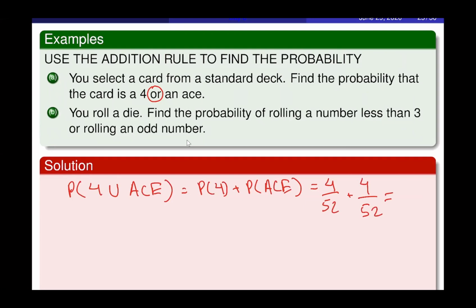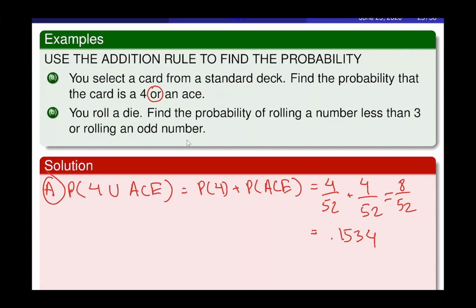So 4 divided by 52 plus 4 divided by 52, since they have the same denominator, is 8 divided by 52, which gives 0.1534. And that will be our final answer for A: 0.1534.